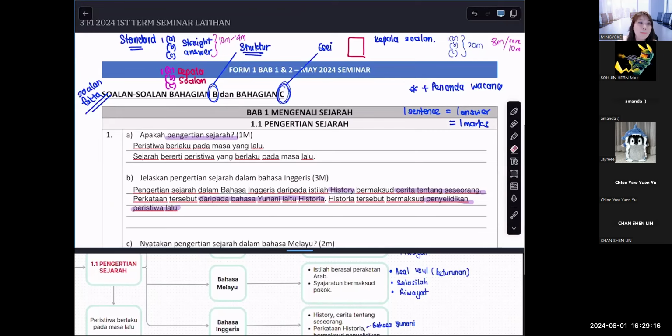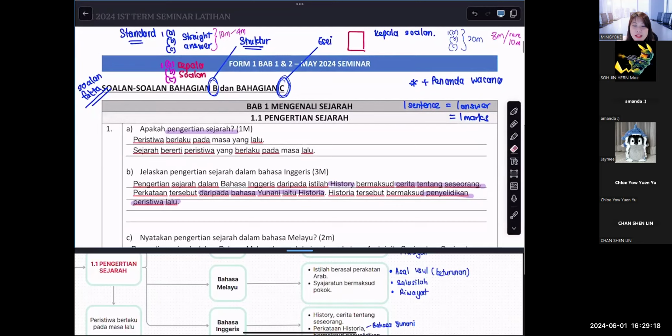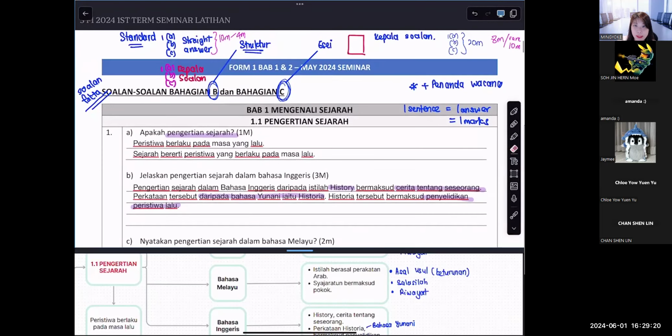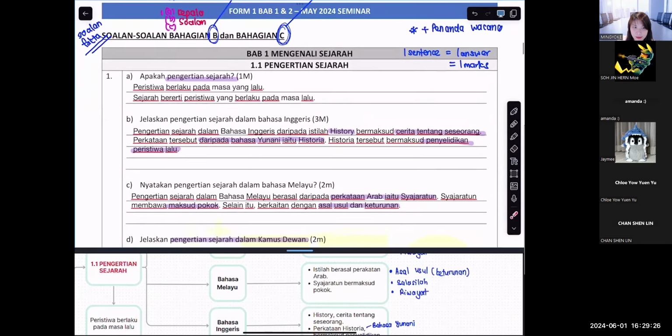Okay, now come back here. Then the next one, guys. For example, again, for your soalan structure, I already told you how to answer. First, you write your kepala soalan. Second, you write your answer. And third, you write penanda wacana to connect.